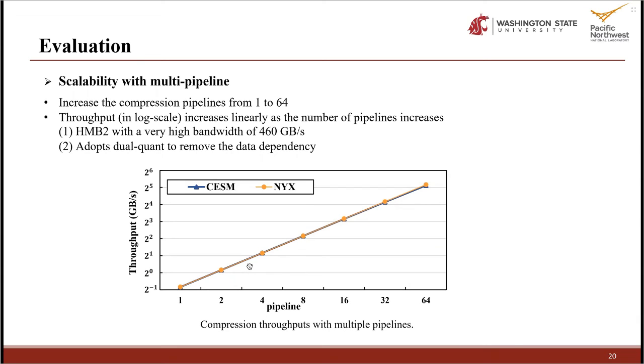The first is that we use a Xilinx Alveo data center card, which has HBM2, high bandwidth memory, with memory bandwidth up to 460 GB per second. And besides, we adopted dual quantization to totally remove data dependency.